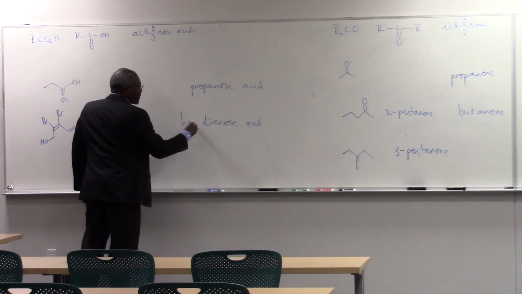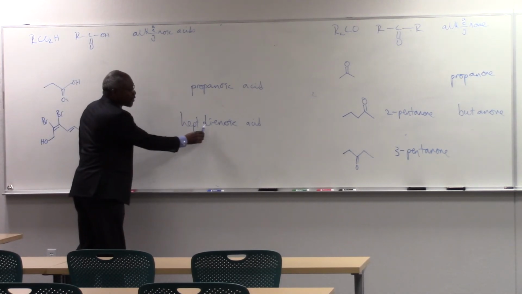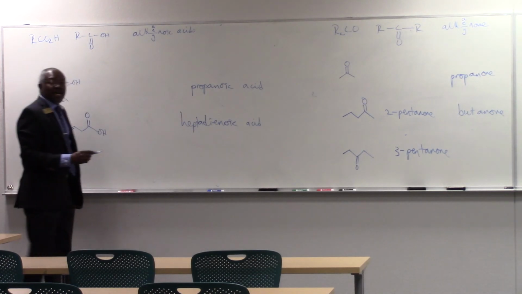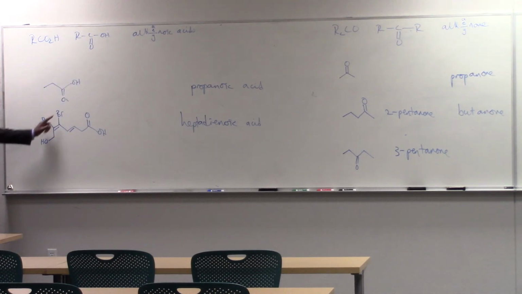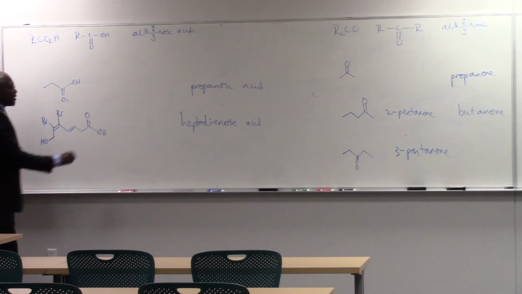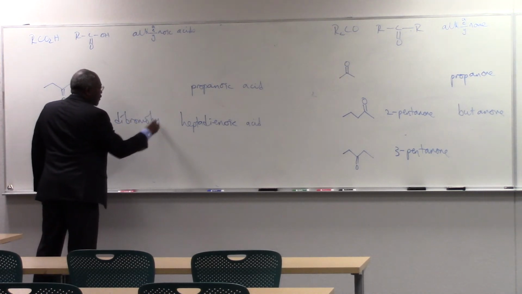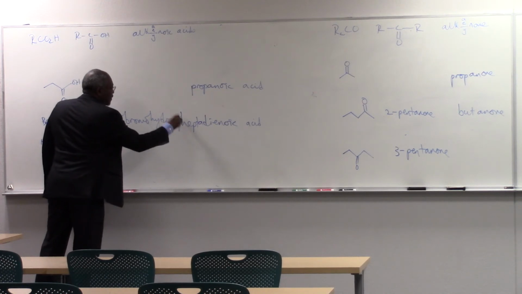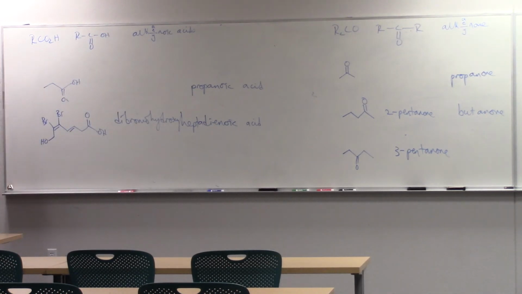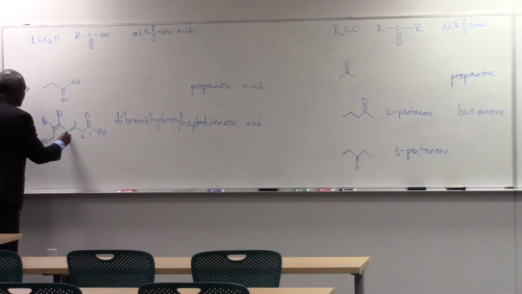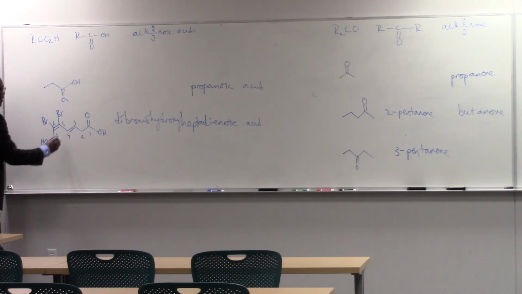So it's hept. Here's my problem, 2 consonants. Heptadienoic acid. It's got 2 bromines and a hydroxy, so it's dibromo, hydroxy, heptadienoic acid. Locants, 1, 2, 3, 4, 5, 6, 7.